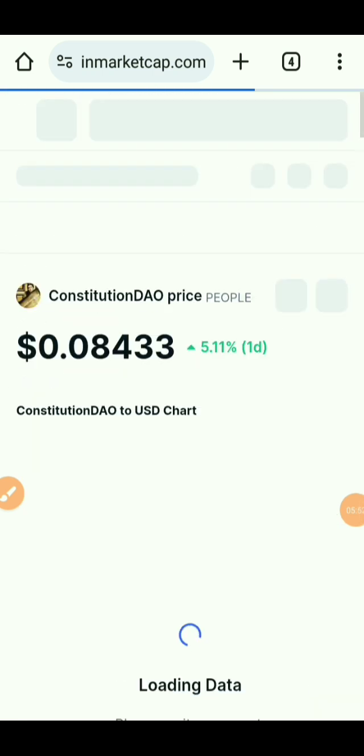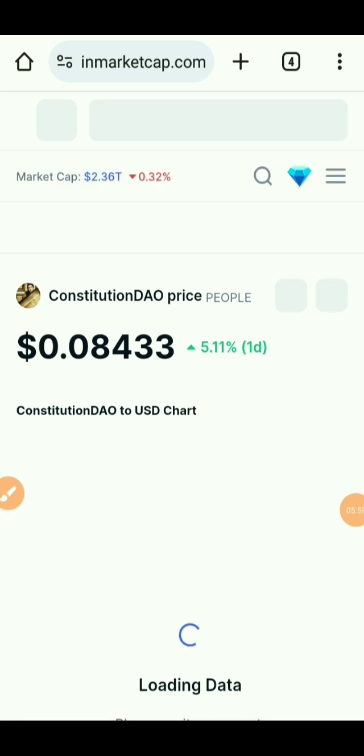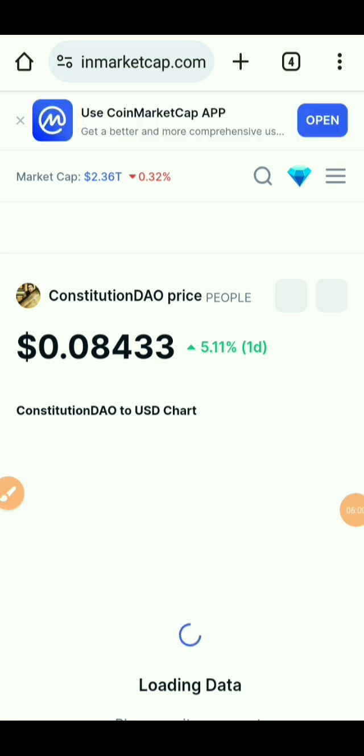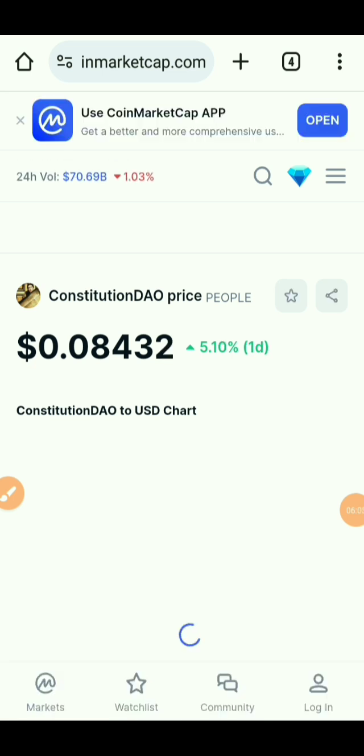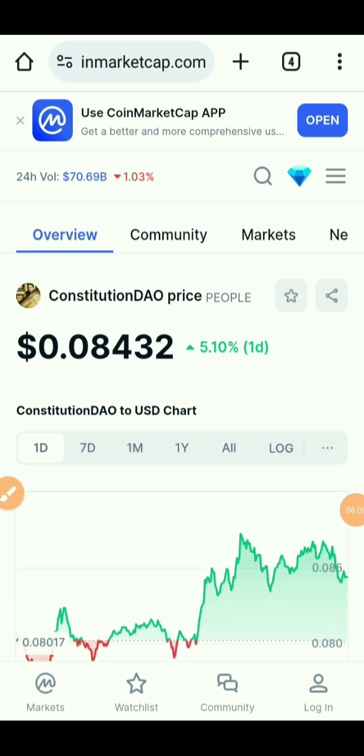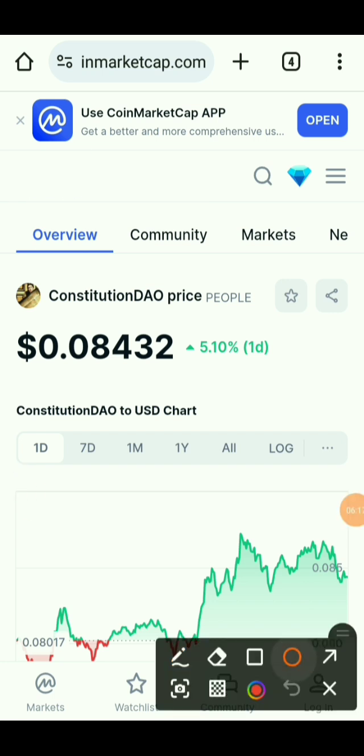It is going to take us straight to the info on the People coin. You see, it is being traded at 0.08433, and it has appreciated by about 5.10% in the last 24 hours, which is 1 day. The second thing we are going to do now is click on the market over here.